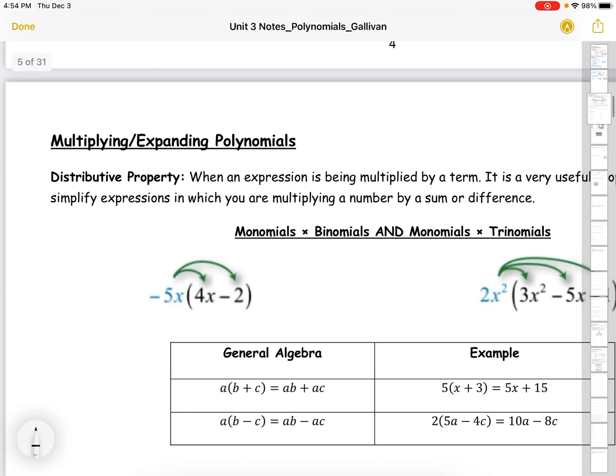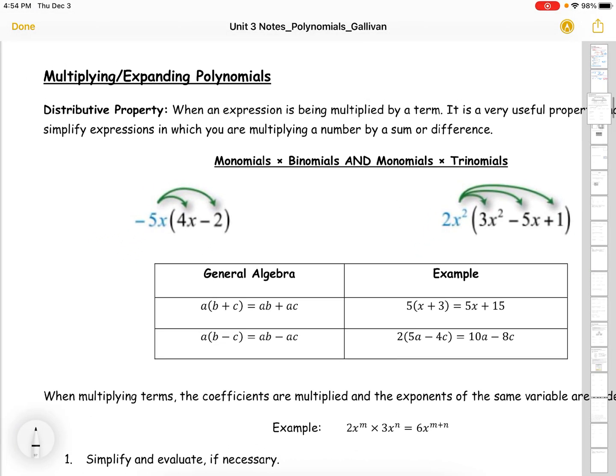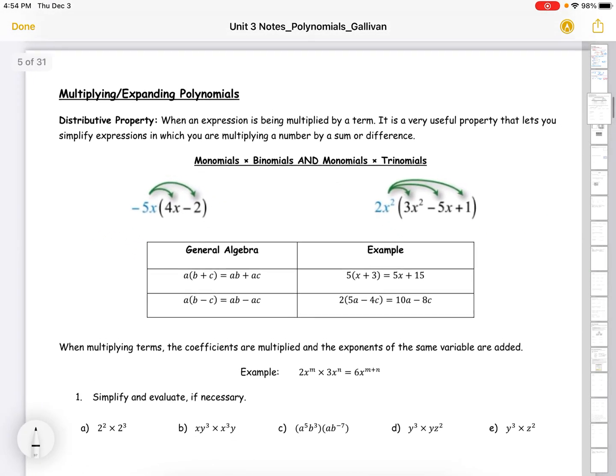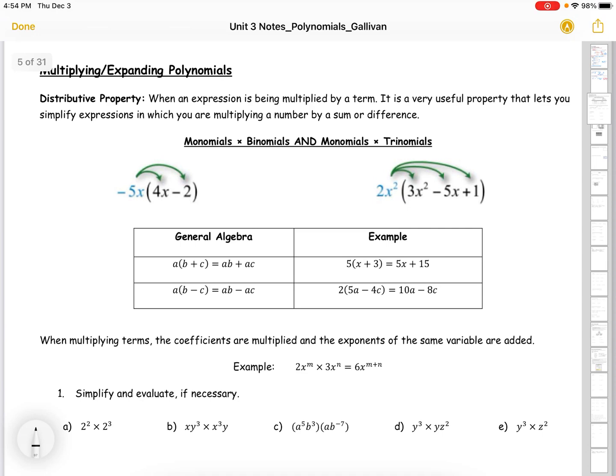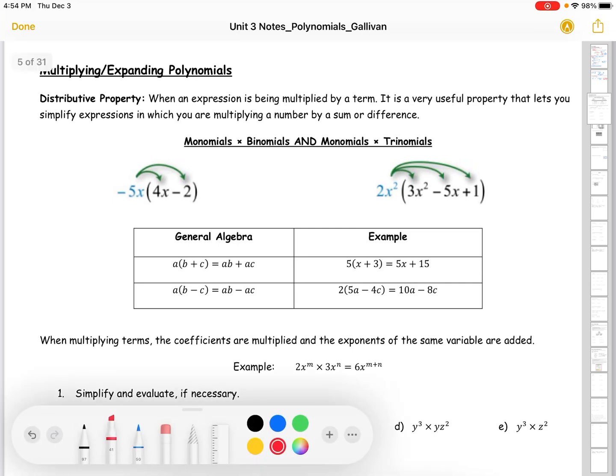Now, this is why I reviewed exponent laws yesterday with you guys, because now we're going to talk about multiplying. And I talked about the distributive property briefly when we talked about that negative sign. The distributive property, I call it the trick-or-treating property. What it means is that if you go to a block and you're trick-or-treating, you want to make sure you hit all the houses.